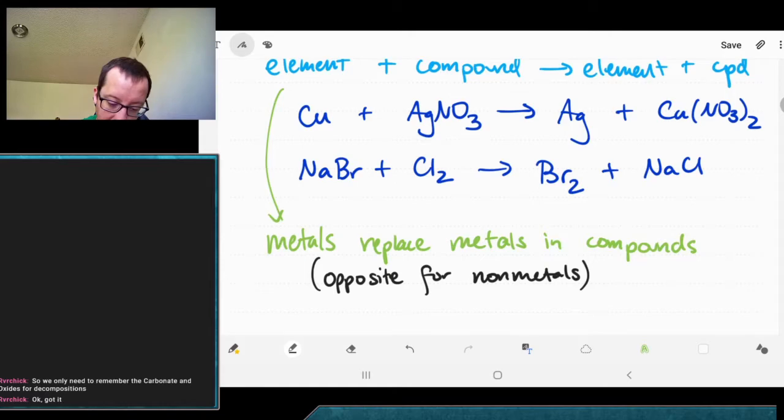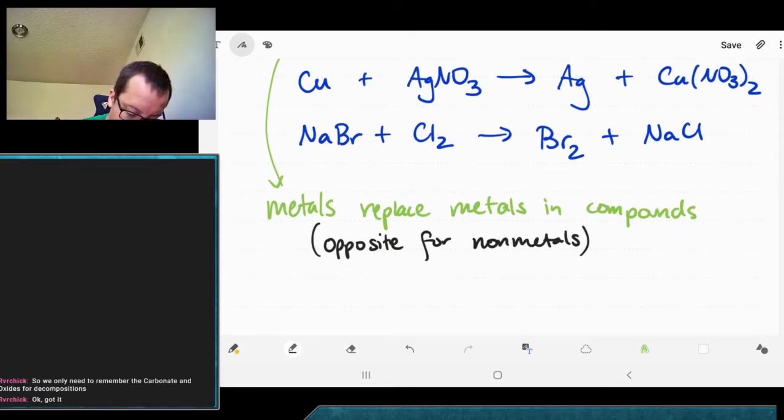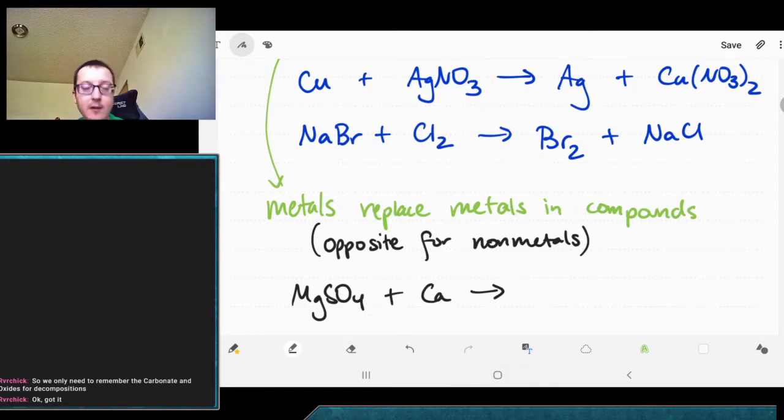And so let's say we have this reaction here. We'll identify it as single replacement by noting that we have a compound and an element put together. So one of these reactants is an element by itself, the other one is a compound. We want to look at that lone element.